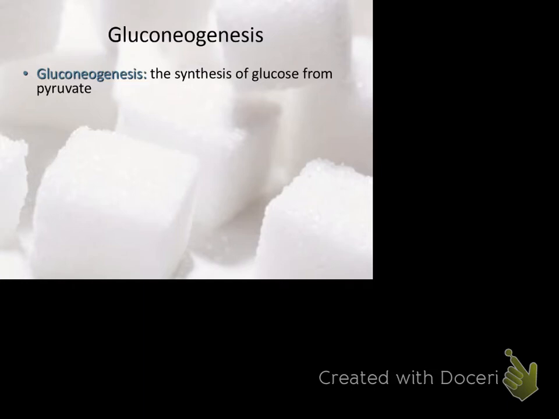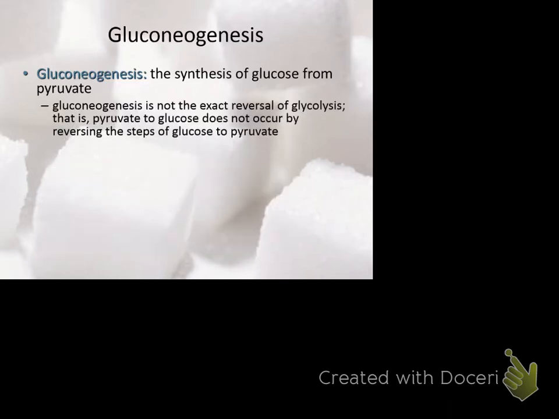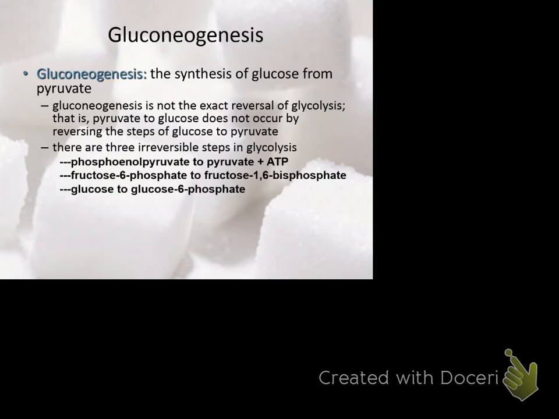Okay, and it's literally the synthesis of glucose starting from pyruvate. However, it cannot be the exact reversal of glycolysis. And that was because of the 3 checkpoints in glycolysis, the 3 irreversible steps. In glycolysis, to go from PEP to pyruvate and gain ATP, what enzyme was that one?